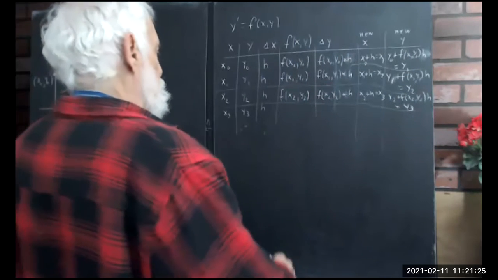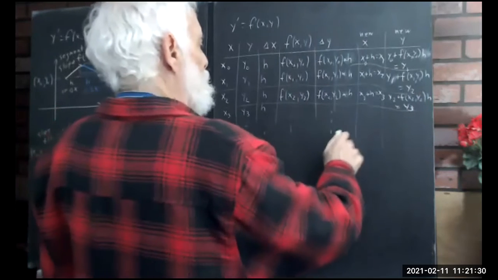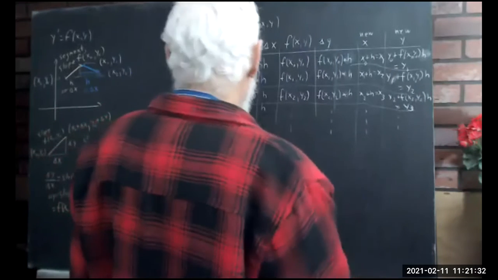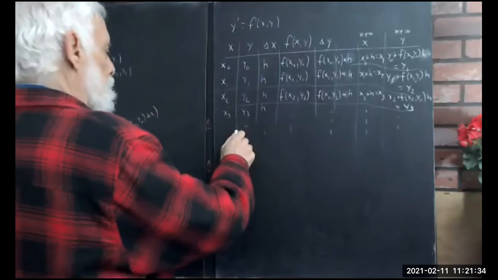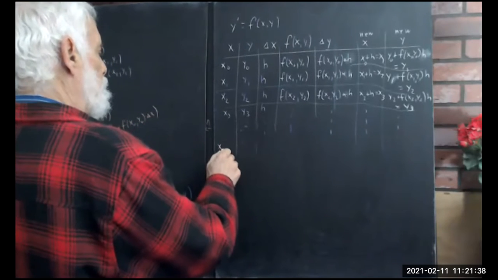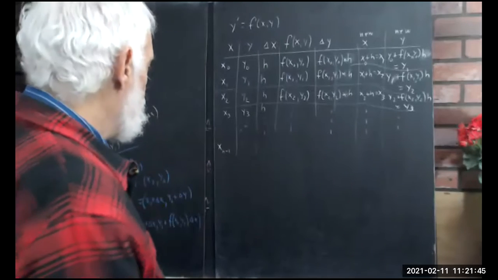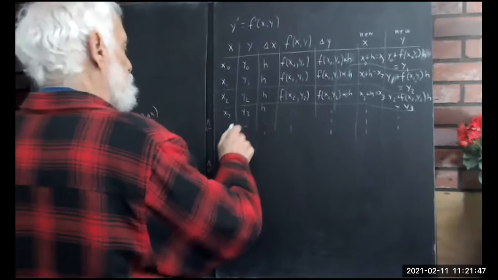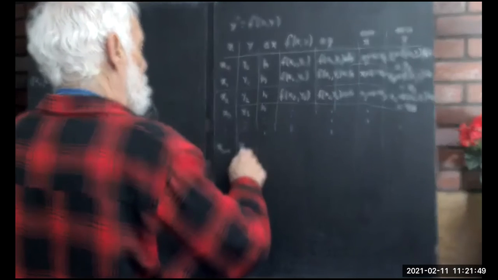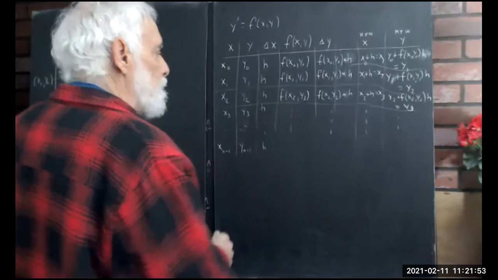But really what I want to do is put some dots here. So eventually, in every step I have x n minus 1 and y n minus 1. Still going to have h.